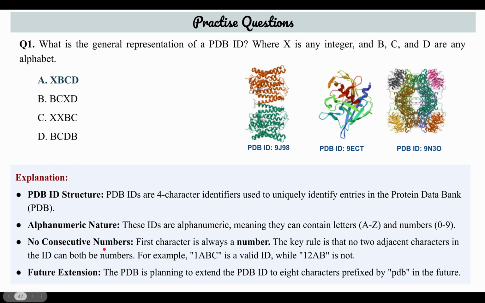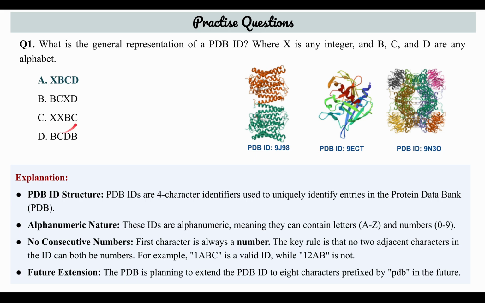As we all know, in PDB the first character is always a number, and in all these examples you can see the first character is a number. The rule is that no two adjacent characters in the ID can both be numbers.